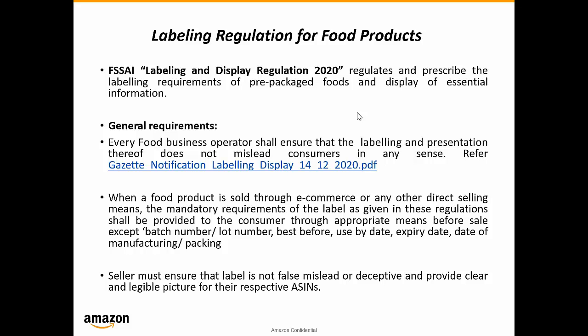Now, general requirements. What is a general requirement in case of labeling and display regulation? Every food business operator, meaning if you're selling, preparing, manufacturing, distributing or importing any food, shall ensure that labeling and presentation thereof does not mislead the consumer.